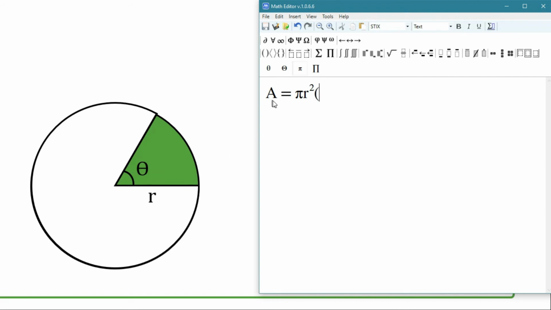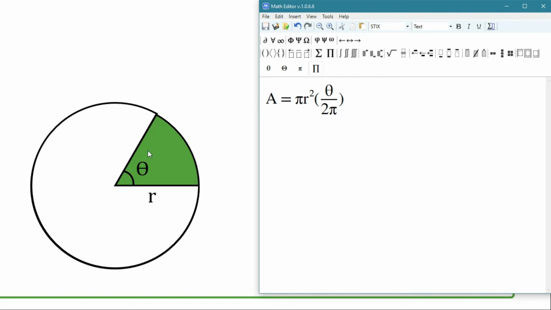So if we multiply the area of the circle by the fraction that deals with the angle measure, theta over 2 pi, since this represents the sector part of the circle, then we may multiply it with the area of the whole circle.